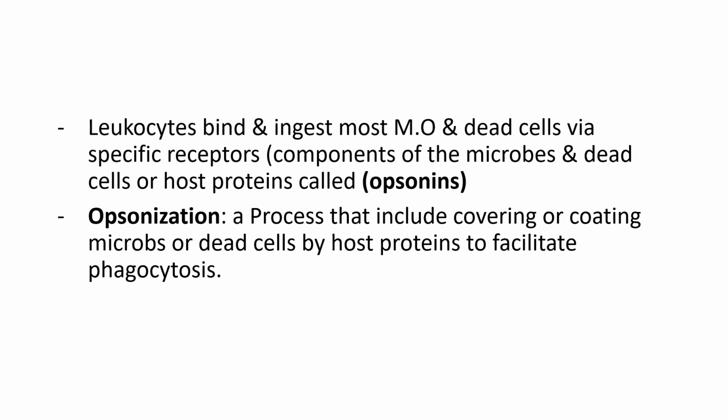The process of opsonization includes covering or coating the microbes or dead cells by proteins derived from the host, and these are called, as I said, opsonins, and these opsonins facilitate phagocytosis.